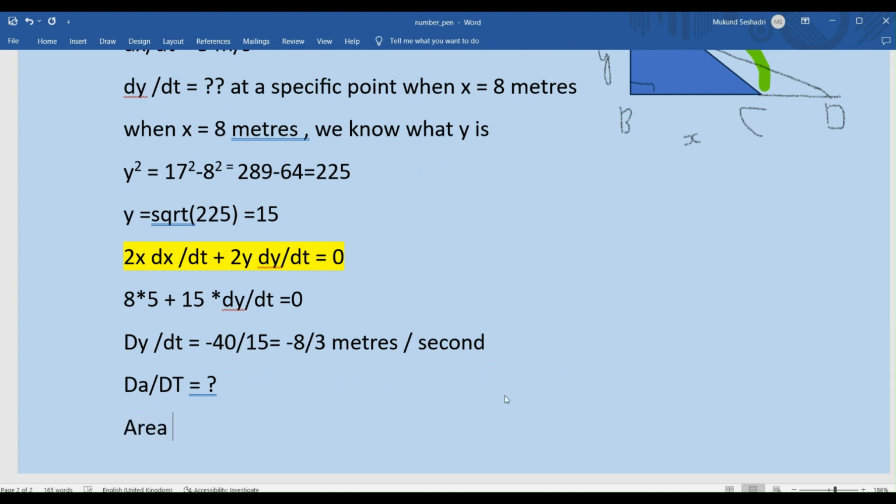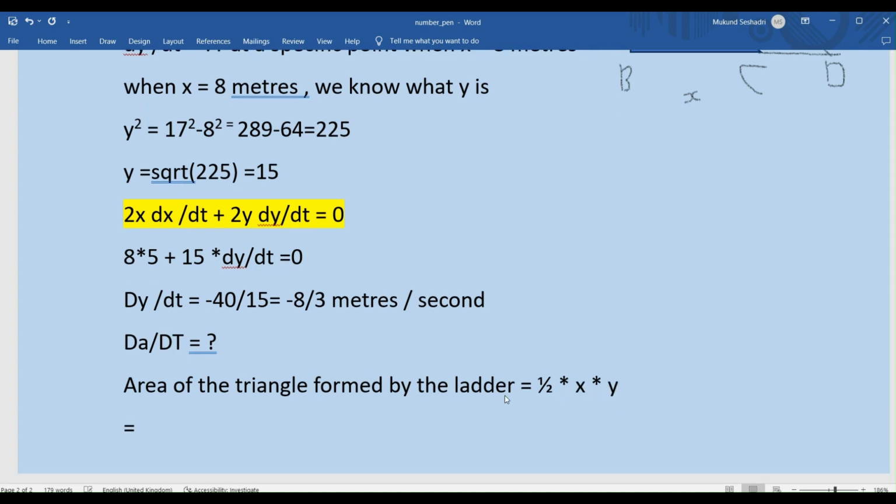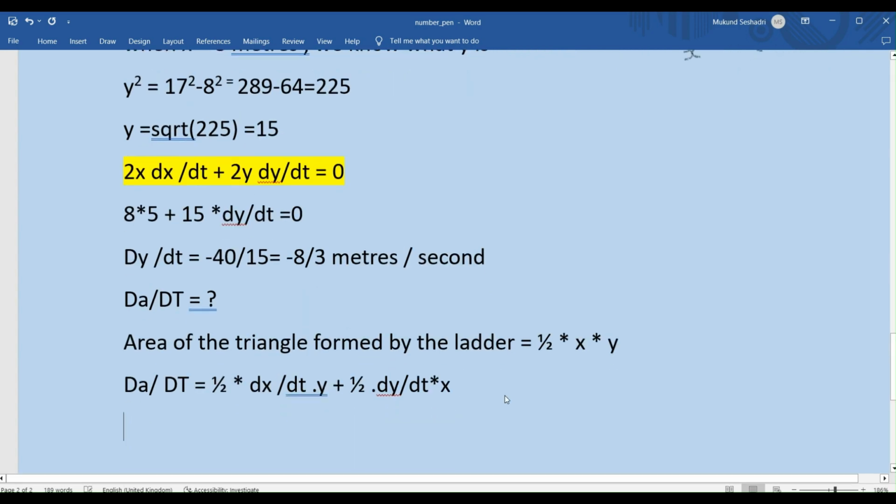So the area of the triangle formed by the ladder is half of base times height, which is x into y. So dA by dt equals half into dx by dt times y plus half of dy by dt times x, right?